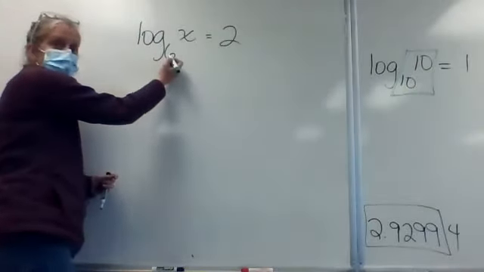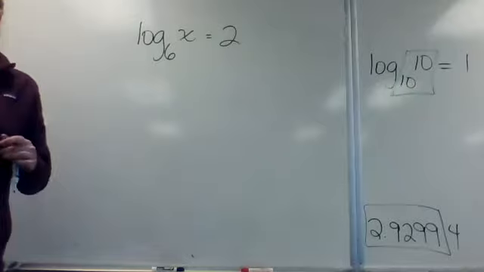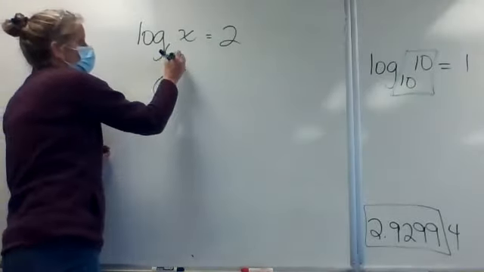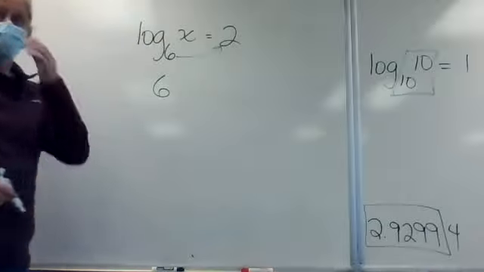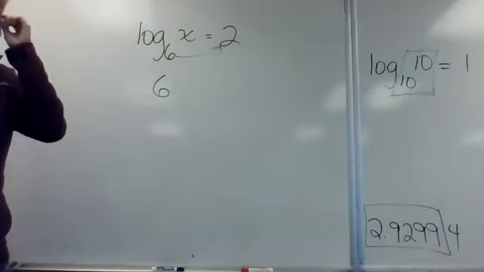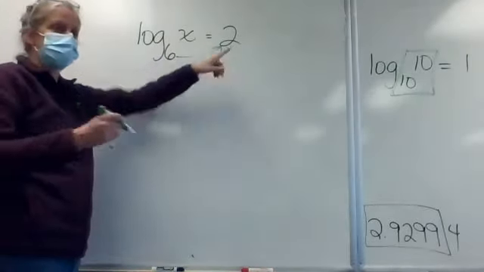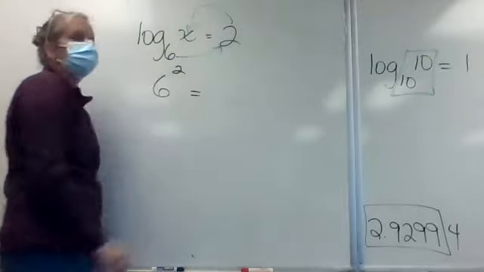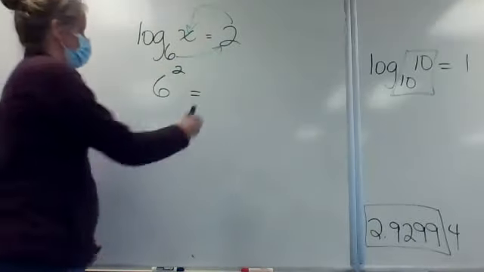This is the base of the log. What's also the base of the exponent, right? So this is going to be my base. You raise it to this power. And then it's equal to what? That x. That's what's in that position.